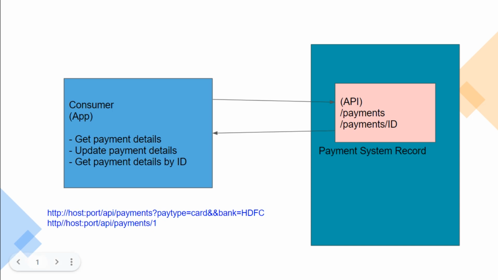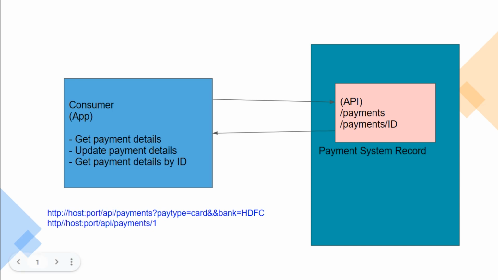When you pass particular parameters, like you see below, they want this kind of details. They are passing these details to the payments API: pay type, what kind of payment they did, card mode, and which bank they did. If they pass this, it will come to this system, whatever API they developed, and it will return the response to the consumer app.